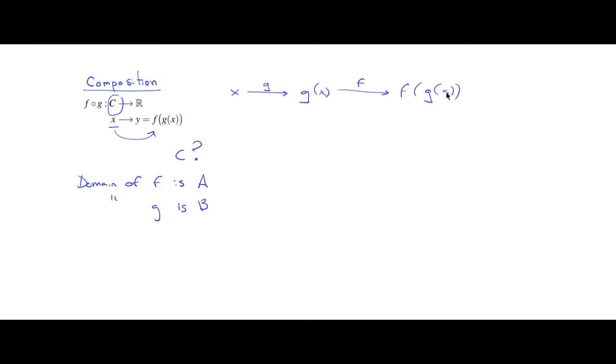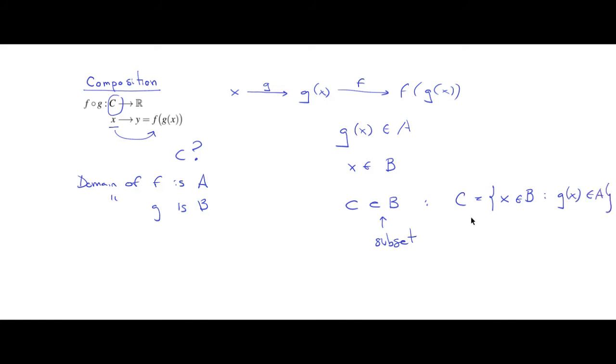For f of g of x to exist, g of x has to belong to A, and x has to belong to B. So C is a subset of B, that's for sure, but it includes only those values in B such that when they're mapped by g, they belong to A. In other words, C is the set of values of x that belong to B such that g of x belongs to A. That's the definition of the domain of the composition.